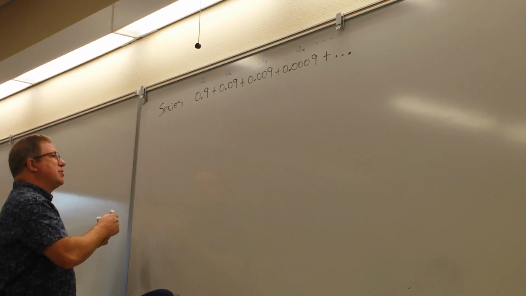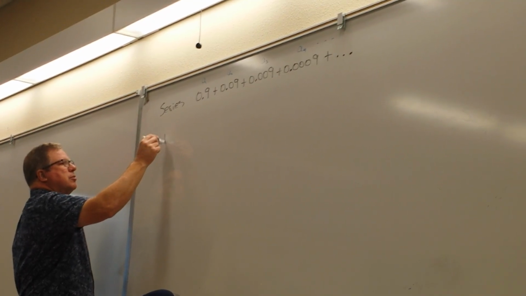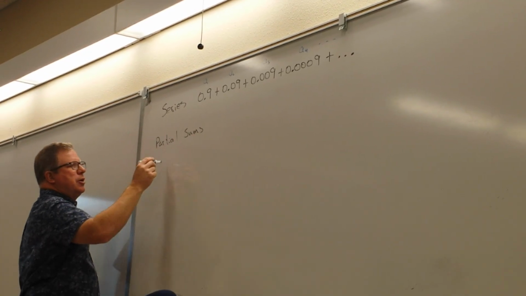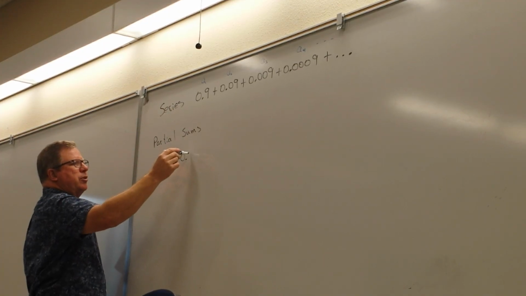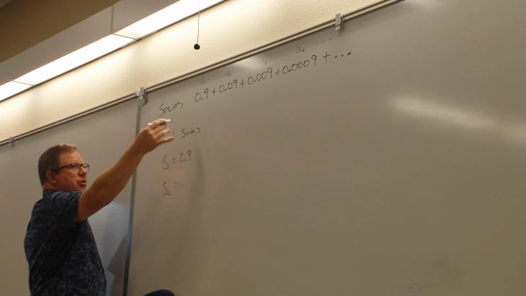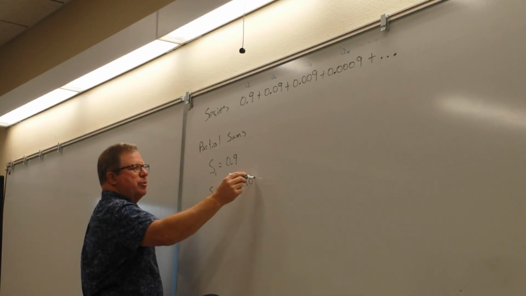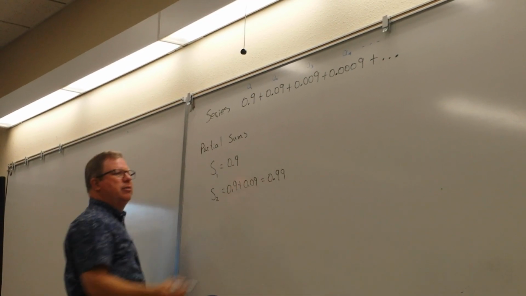Now let's look at the partial sums. S sub 1 is a sub 1, 0.9. S sub 2 is the sum of the first two, 0.9 plus 0.09, which is 0.99.